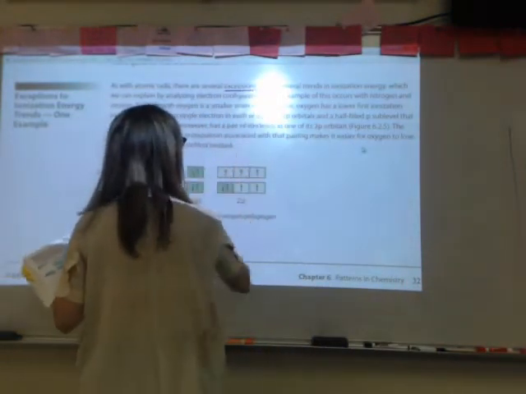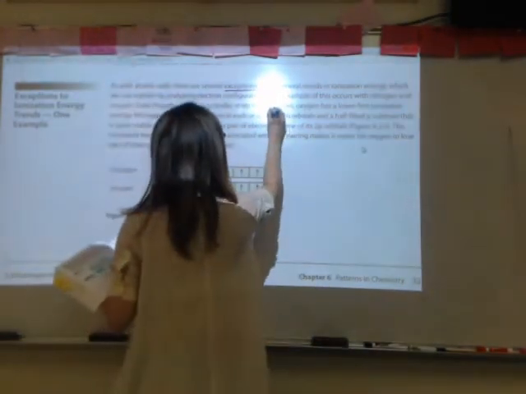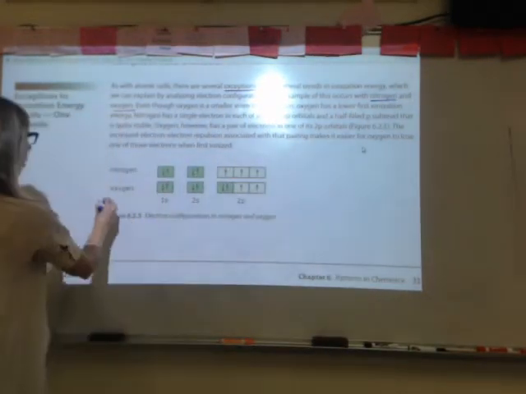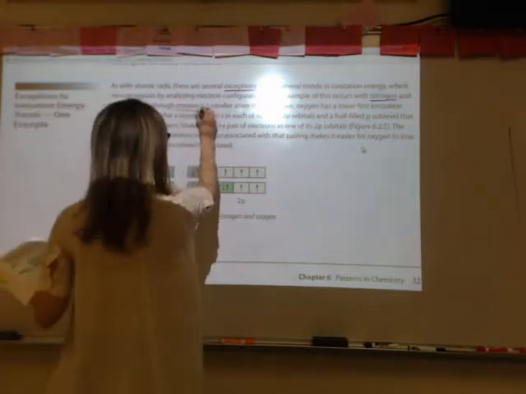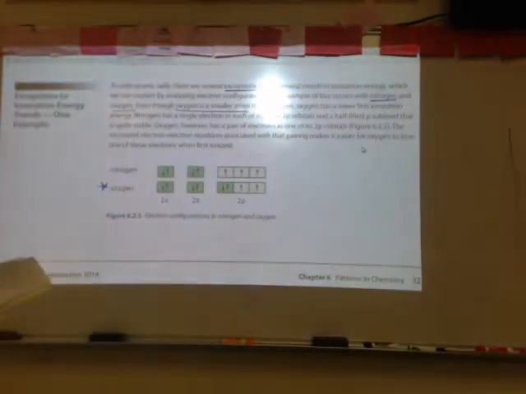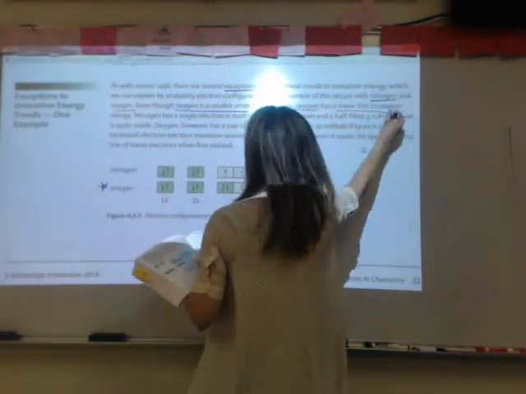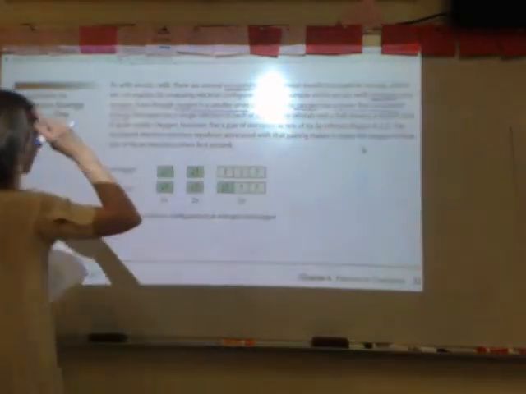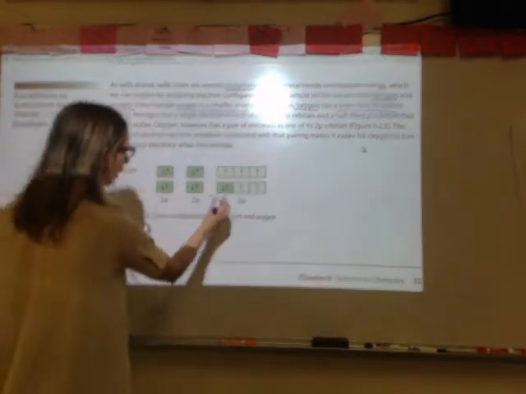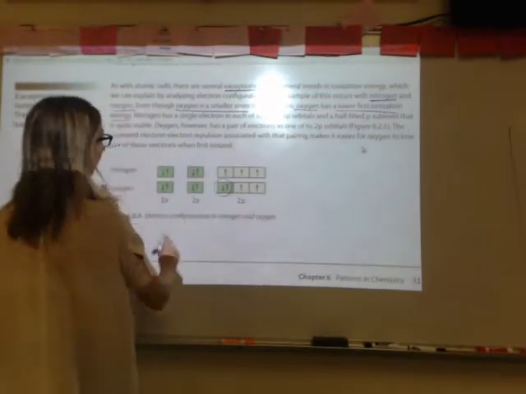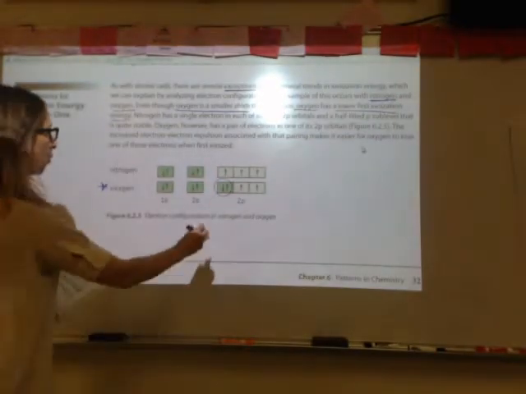All right, let's talk about the difference between nitrogen and oxygen. Even though oxygen is a smaller atom than nitrogen, oxygen actually has a lower first ionization energy than nitrogen does. If you look at the orbital diagram, you'll notice here that we have a pair of electrons in a 2p orbital.